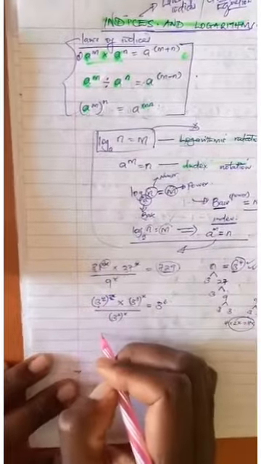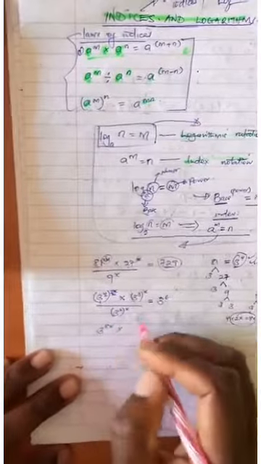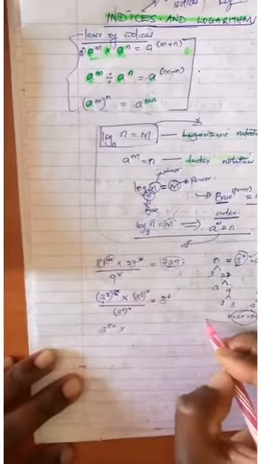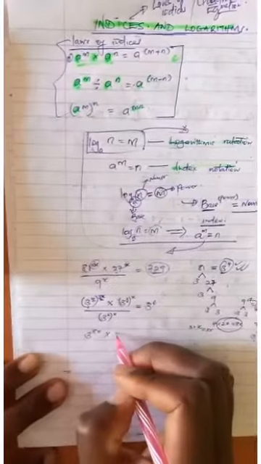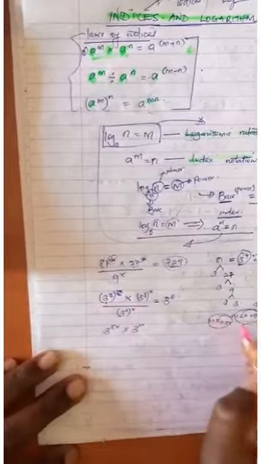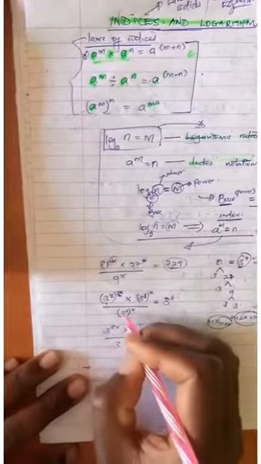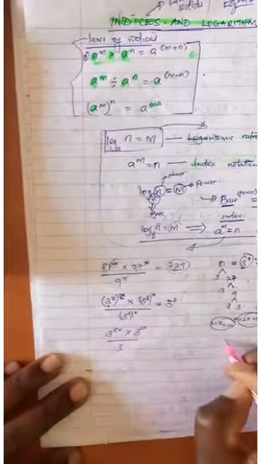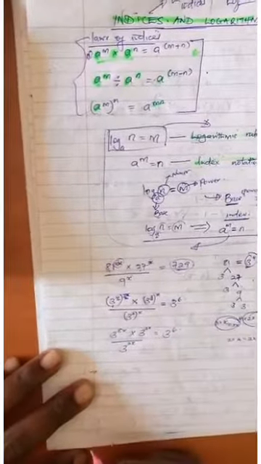So we can say it's 3 to power 8x, times, we have 3 times x. This is going to be 3x. So times 3 to power 3x. These are the powers. I'm multiplying powers here, over 3. Then we have 2 times x. This is going to be 2x. So 3 to power 2x is equal to 3 to power 6.